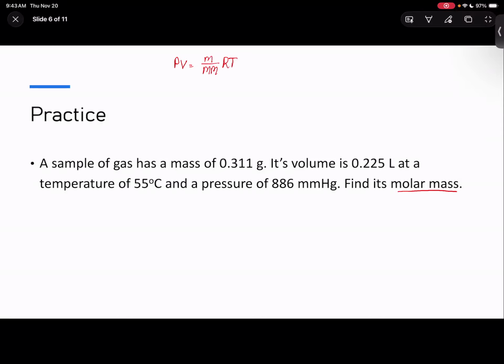Rearranging this equation, I'm going to divide both sides through by RT. And I get PV over RT is equal to the mass divided by the molar mass.